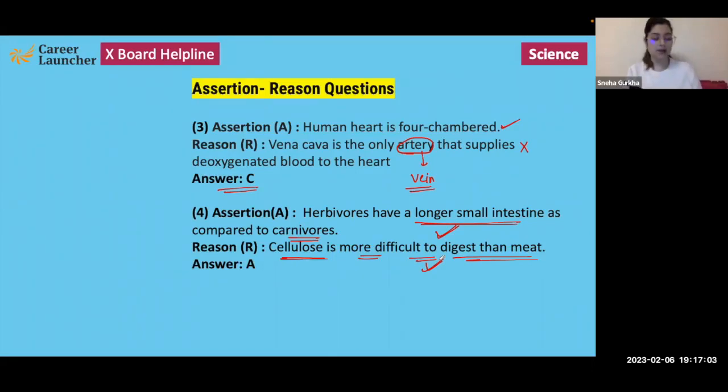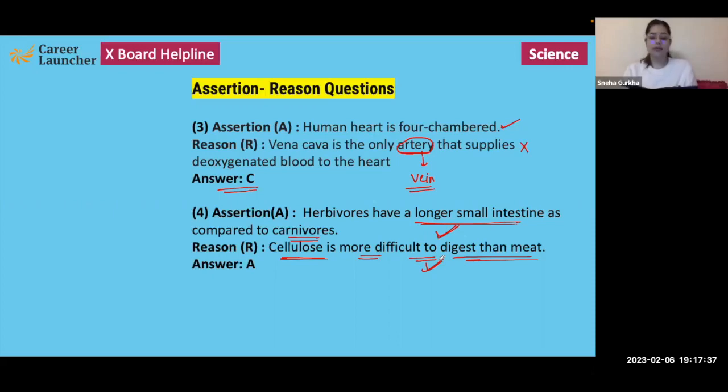They eat plants which contain high amounts of cellulose, and carnivores have a meat based diet. Cellulose is more difficult to digest than meat, and it takes a longer time to be digested as compared to meat. So that is why herbivores, because they have a cellulose based diet, and cellulose is more difficult to digest and takes a longer time to digest, therefore have a longer small intestine as compared to carnivores.